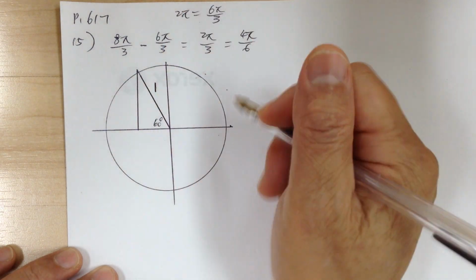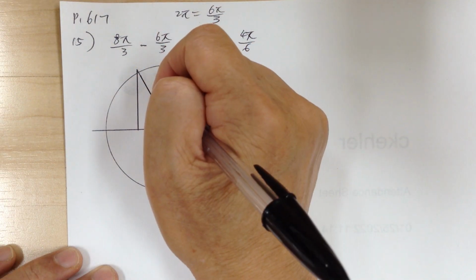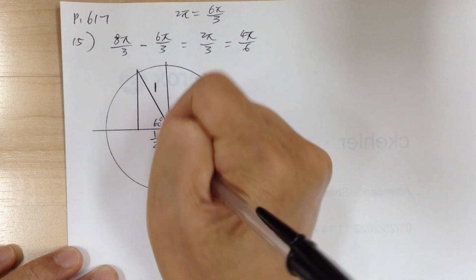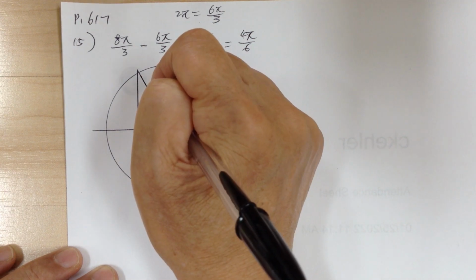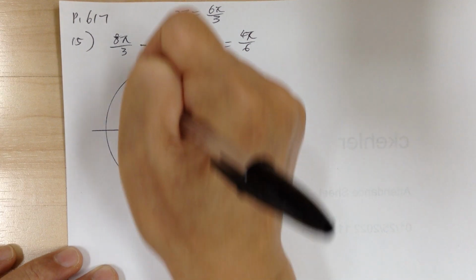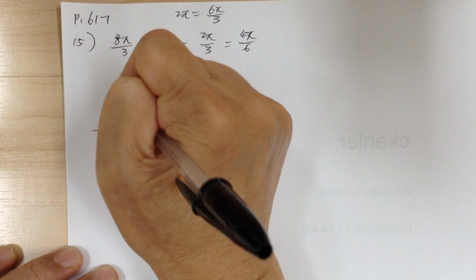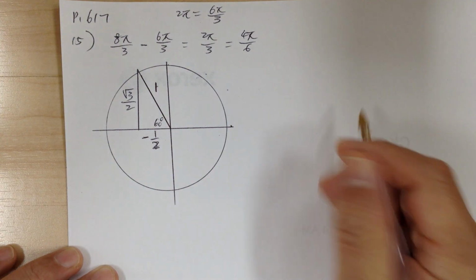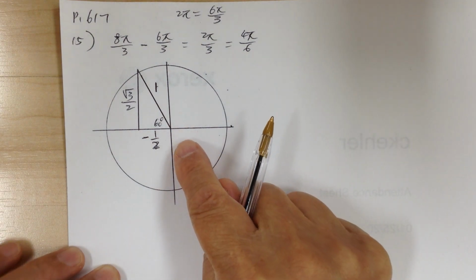But if you have to, you can draw a circle. So radius is always 1. The short leg will be half of the hypotenuse, and it's in this direction, so it's negative. And you multiply by square root of 3, so you get square root of 3 over 2. So you can measure the 30-60 special triangle.